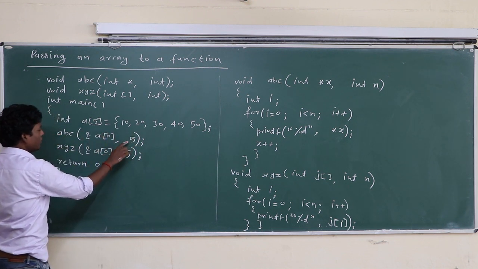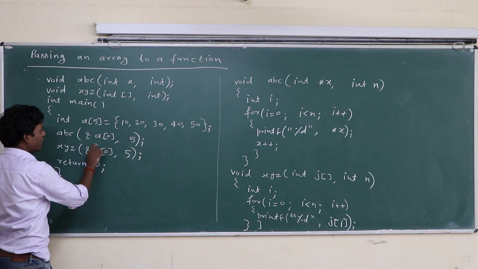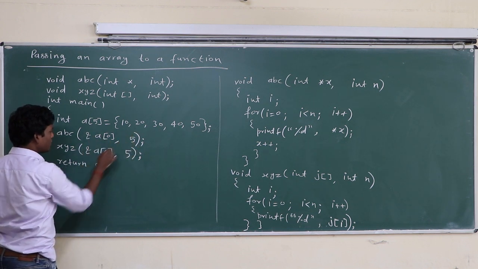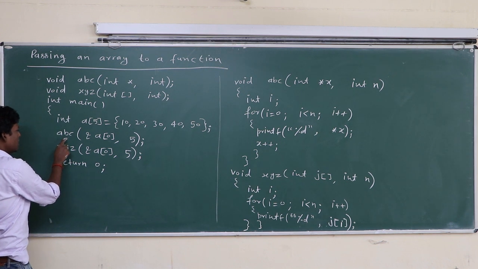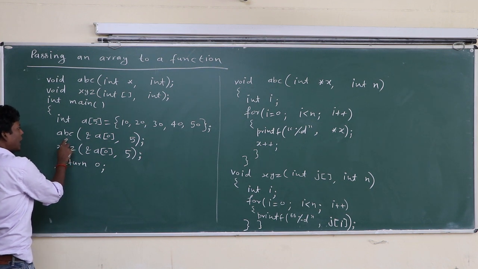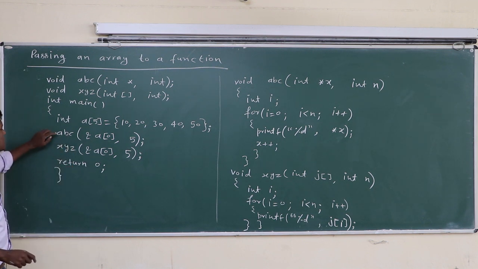So this is the mix of call by value and call by address, because we supply the address as well as value. So ABC function is called by value and address.